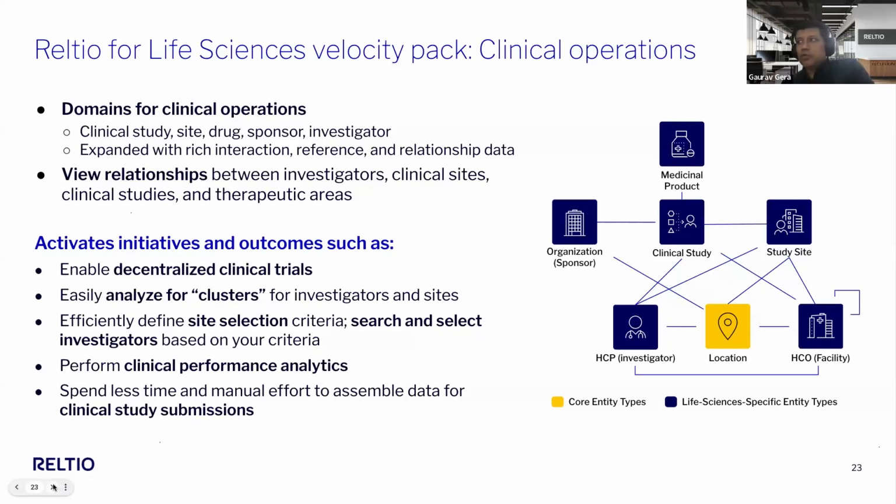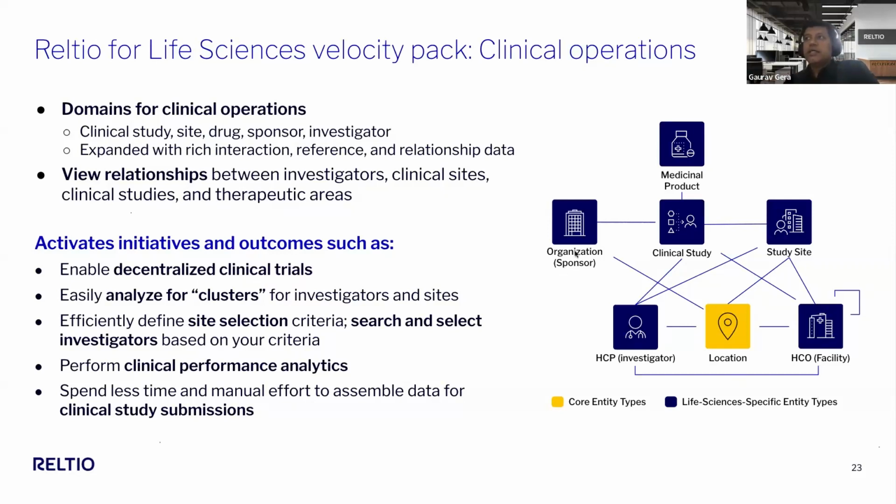HCP can have a different role over here, the investigator, and then based on their relationship with whether it's study site or clinical study, they can have different roles like principal investigator or a study site principal investigator, a director, so to speak, right? And then the HCO can have multiple roles, whether it's a facility, wherein the study site is located.